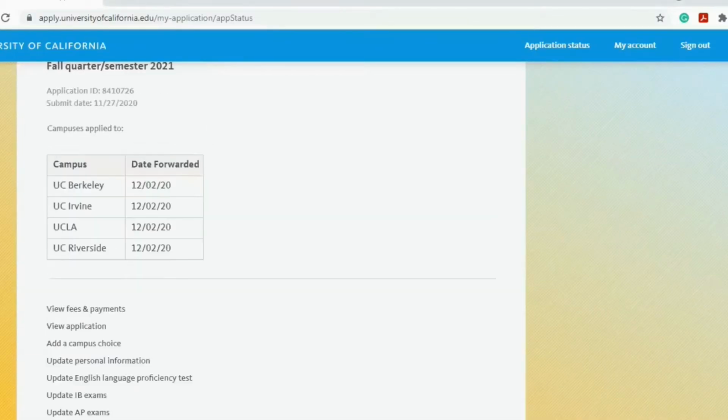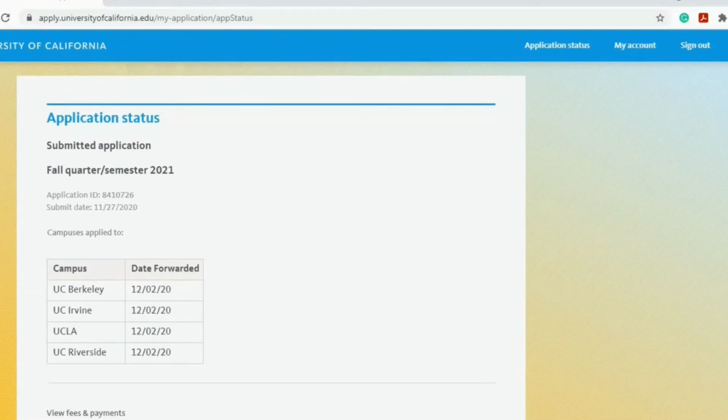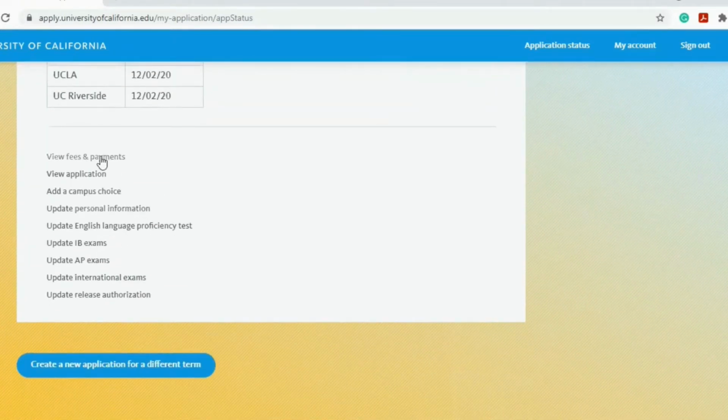So here it is. I applied at UC Berkeley, UC Irvine, UCLA, and UC Riverside, and I got into all of them. This is how it looks. First I'll go through fees and payment.